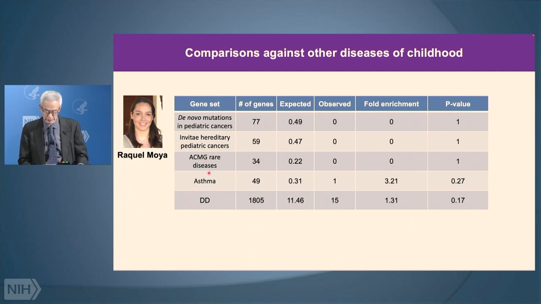Other rare diseases, asthma, developmental delay. In all these cases, there was no enrichment of the genes in these diseases in our subset.